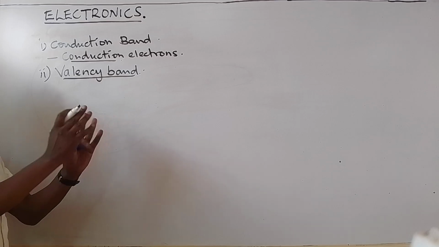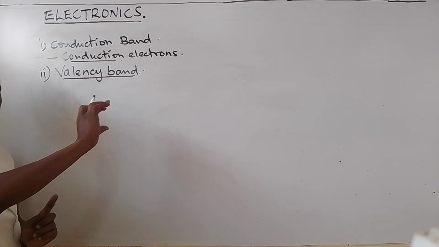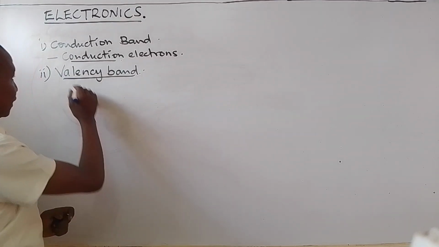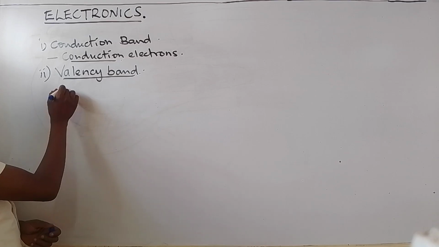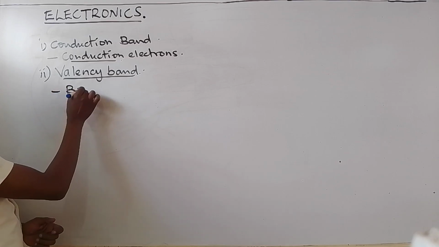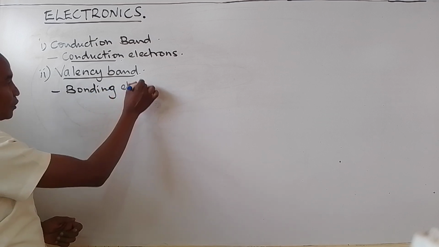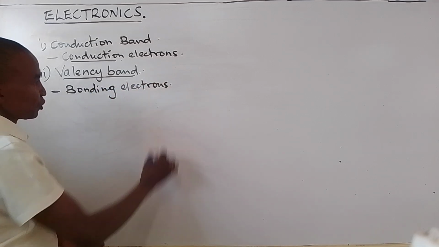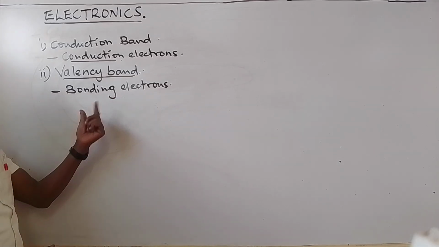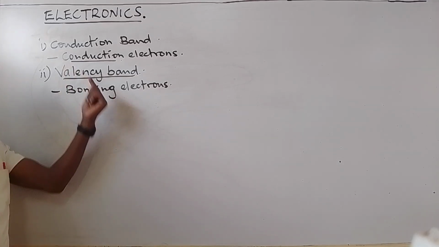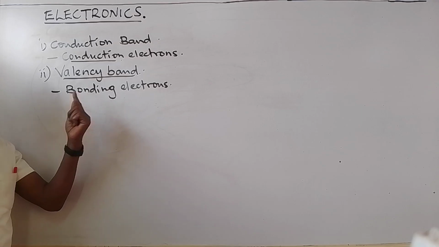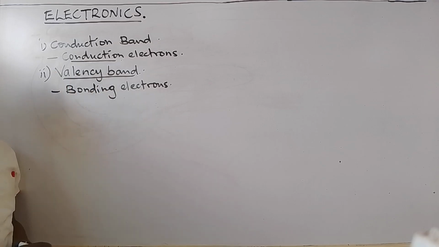So these are the bands that are being formed after the energy level splits. The valence band carries electrons that are used for bonding. It is important to mention here that an electron which is in the valence band can therefore not take part in conduction.